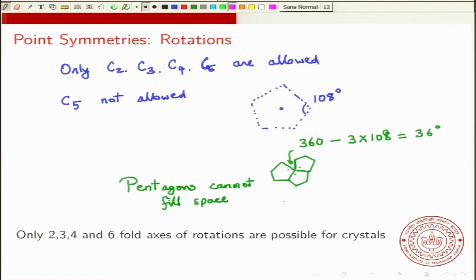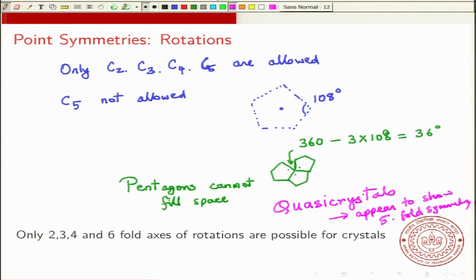They are not real crystals, they are called quasi crystals, but they appear to show five-fold symmetry.